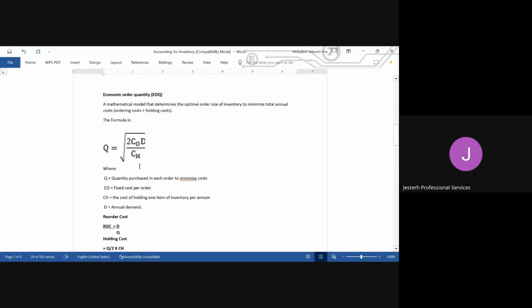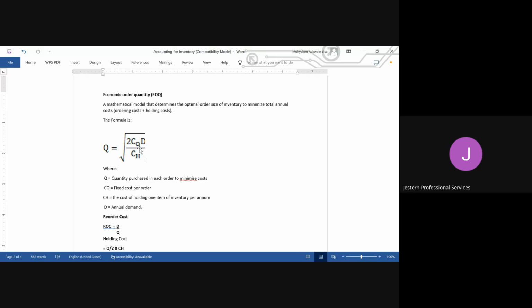Now, this is the formula. Here we say Q. You know, this Q stands for EOQ. Then you put it into a square root. This 2 is constant. Then we have CO multiplied by the D all over CH.